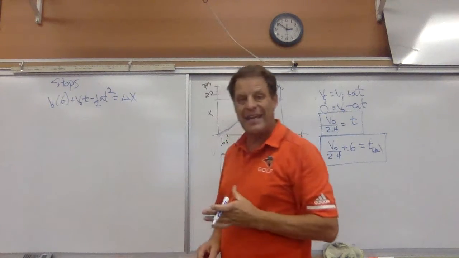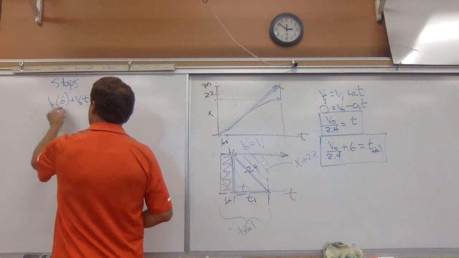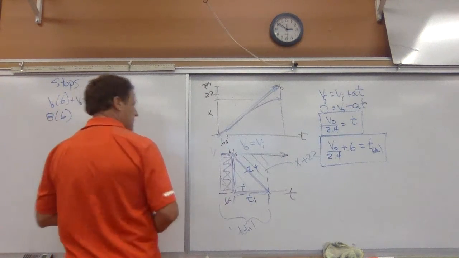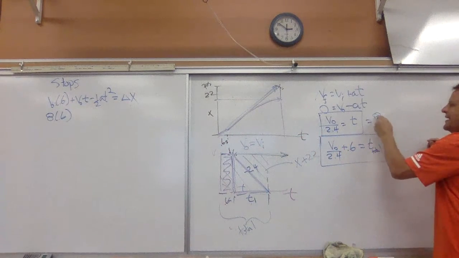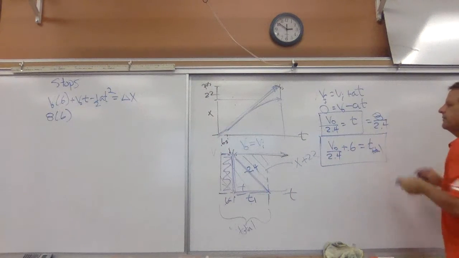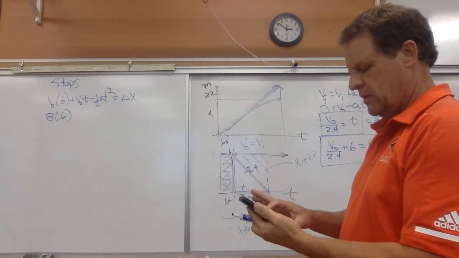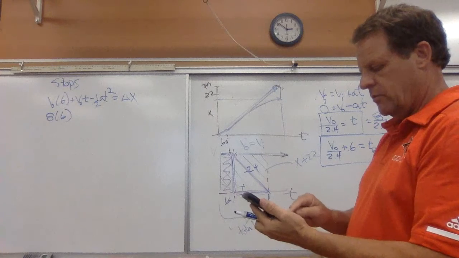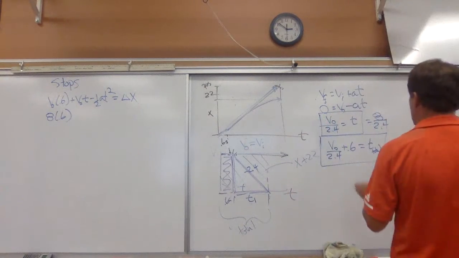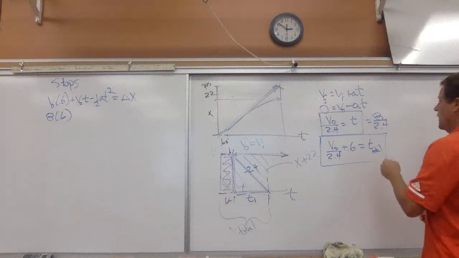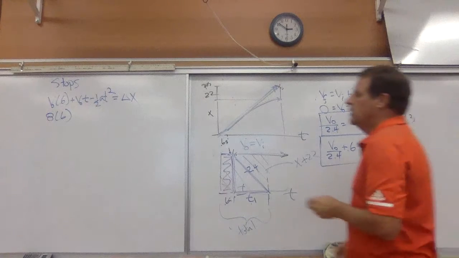So now if we put in 8 for this, we're going to have 8 times 0.6. And for T, we're going to have 8 divided by 2.4, which is going to be 3.33. So T is equal to 3.3.